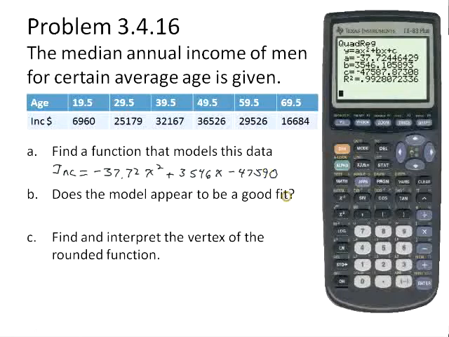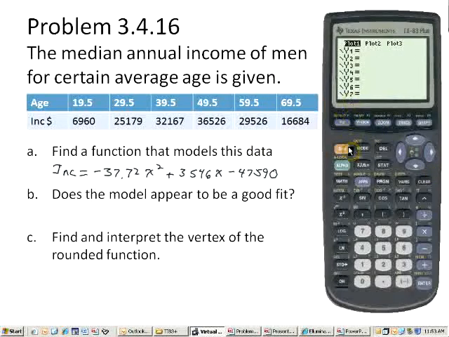Continuing with this, I can put this particular function into the calculator. So I have negative 37.72 x squared plus 3,546x, and then minus 47,590, and let's graph that on top of here.